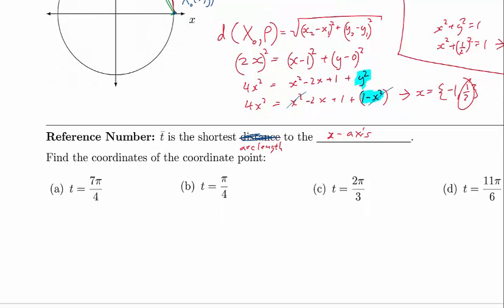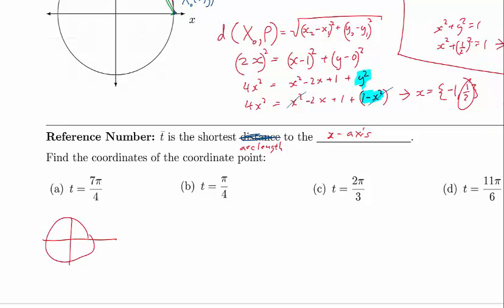Once you've seen it a couple times, it becomes a little self-evident. 7 pi over 4, notice that if there was just one more pi over 4, we would make one full rotation.